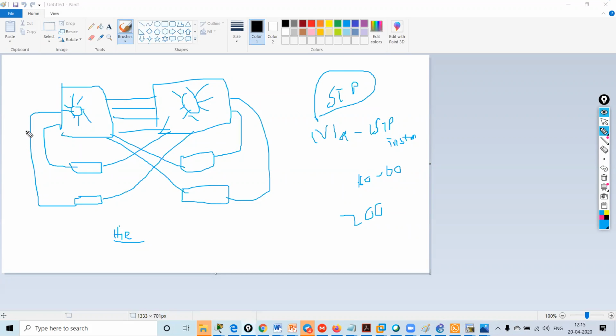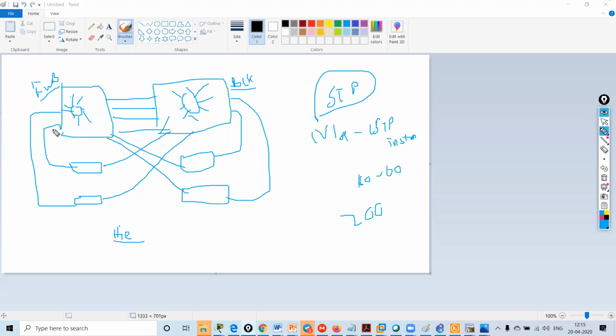Suppose I have two paths. If this path is in the forwarding state, then the alternate path will automatically go into the blocking state, correct?